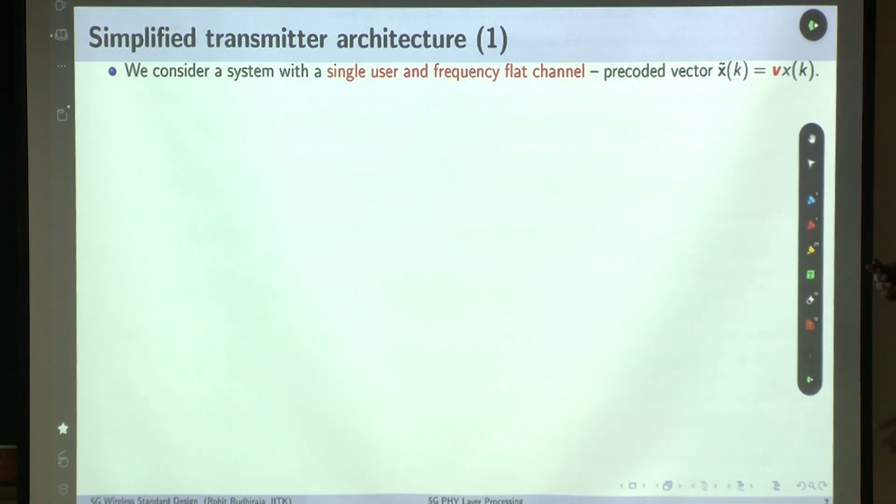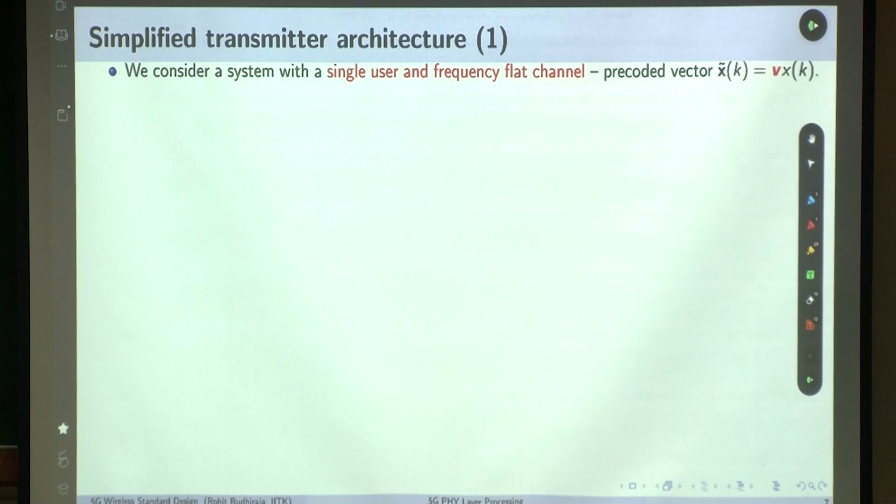Look at this. What is the first change I have done? There are no multiple layers, it is only a single layer transmission. V is vector V. I have made this V constant across the subcarriers, because my precoder need not change across subcarriers. Why will a precoder change across subcarriers? For two reasons. One is the channel is changing, but a line of sight channel doesn't change.